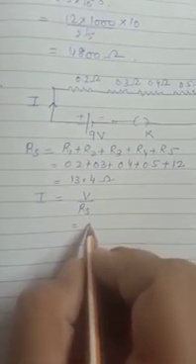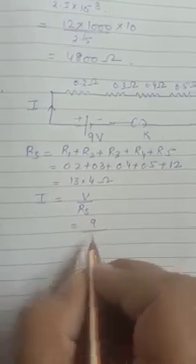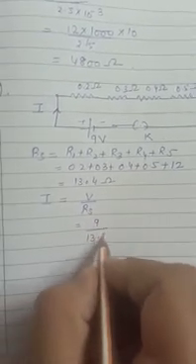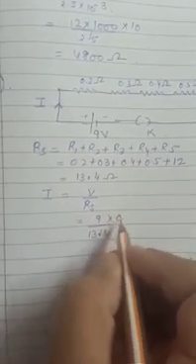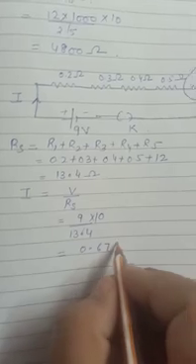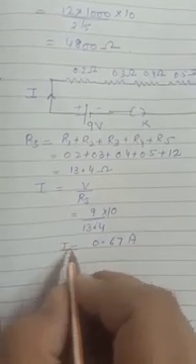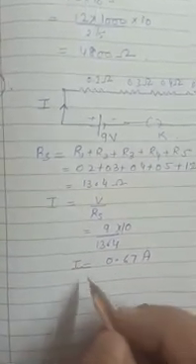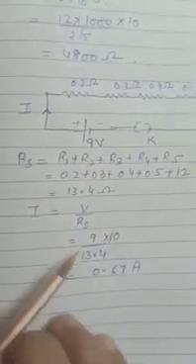V is how much? 9. RS is 13.4. So solving this you will get your value, that is approximately 0.67 ampere, right. So this is the current through the circuit and this will be equal to the current through the 12 ohm resistor.